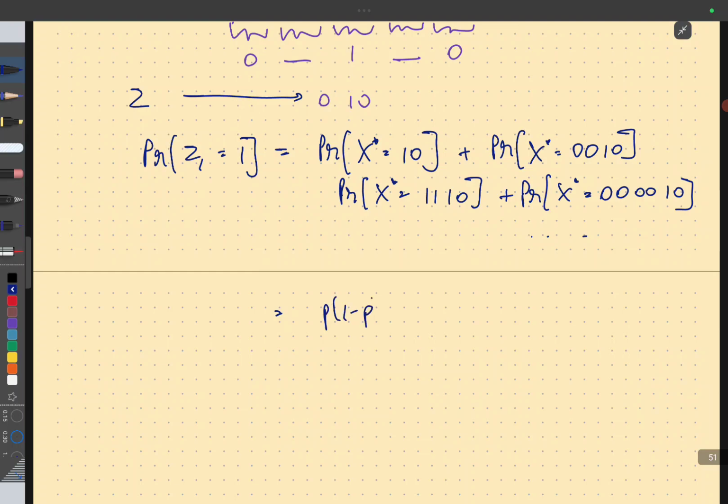So it's p into 1 minus p, plus, so it's p square plus 1 minus p the whole square times p into 1 minus p, right, plus so it could be 0 0 0 0 0 0 1 1 1 1 0 0 and so on, right? Yep.